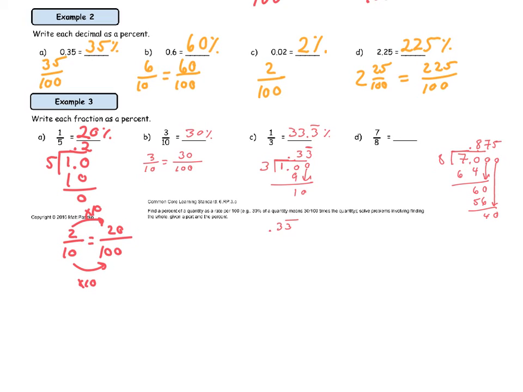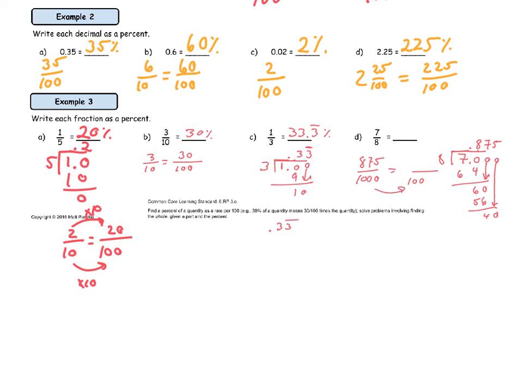Letter D, I just completed. 7/8 means 7 divided by 8. When I divide 7 by 8, I end up getting 0.875. In other words, 875 thousandths. Now, that doesn't tell me much using a denominator of 1,000. I need to make that denominator 100.